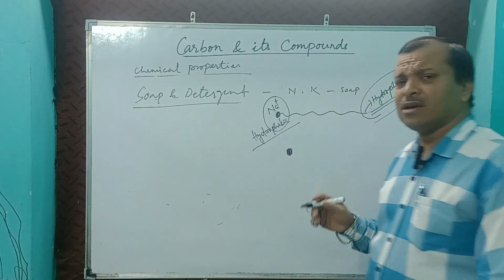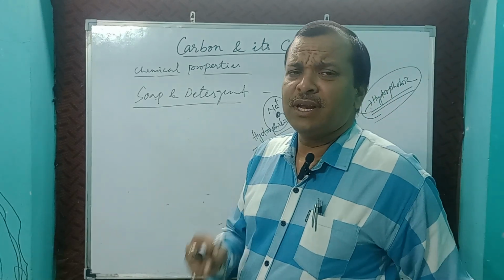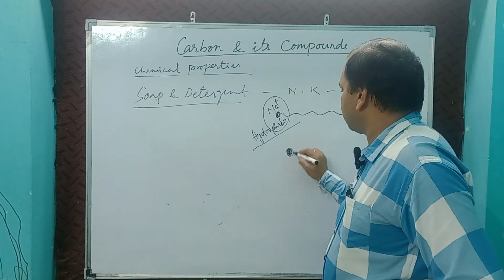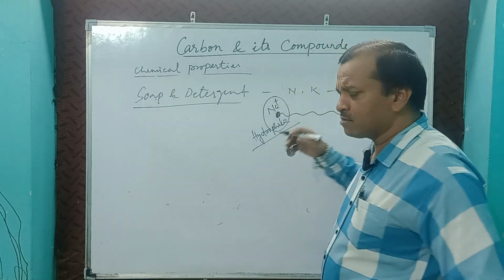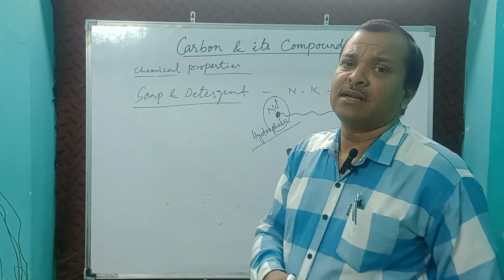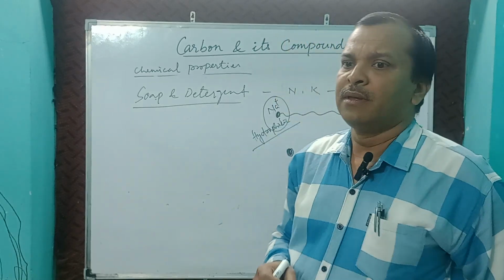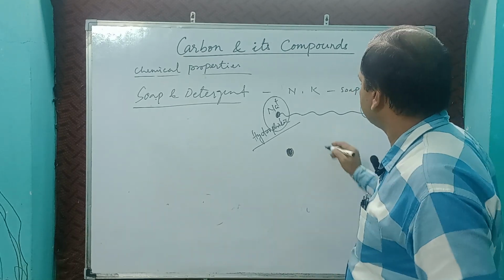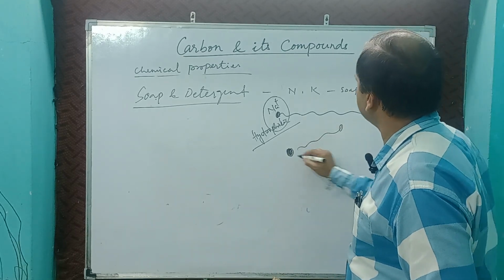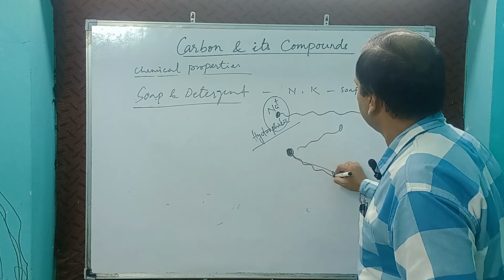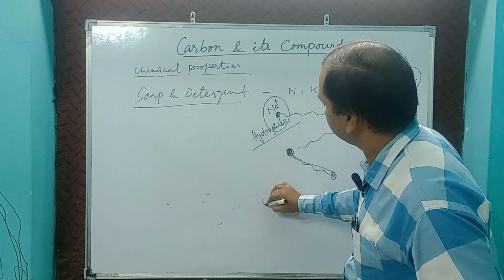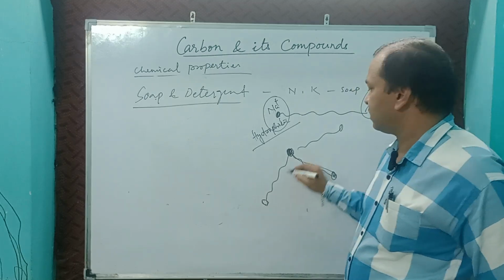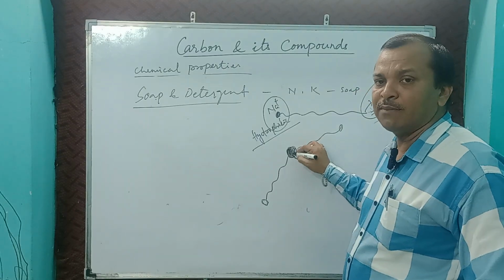All dirt is actually oily. Suppose this is the dirt in our cloth. What happens when we dissolve that cloth in soap? This is the positive end. This is the dirty part of our cloth.